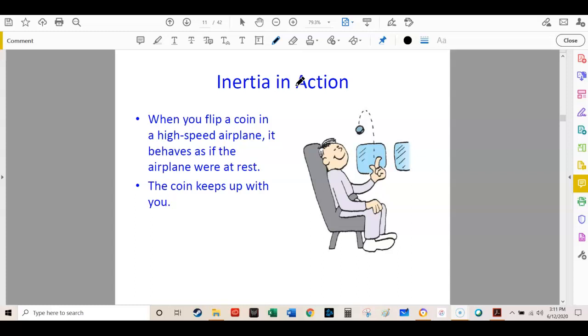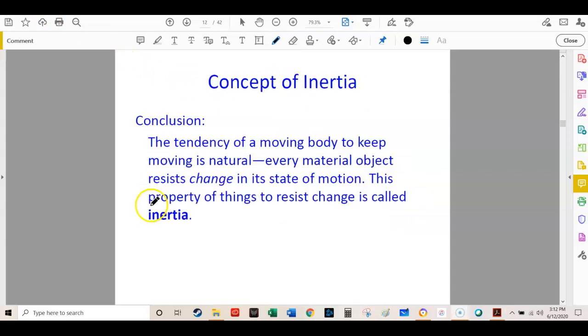You're basically your own mass. And when I say inertia, really I'm referring to your mass in kilograms, right? So the concept of inertia is in reference to mass. Okay. Inertia is resistance to change in motion.